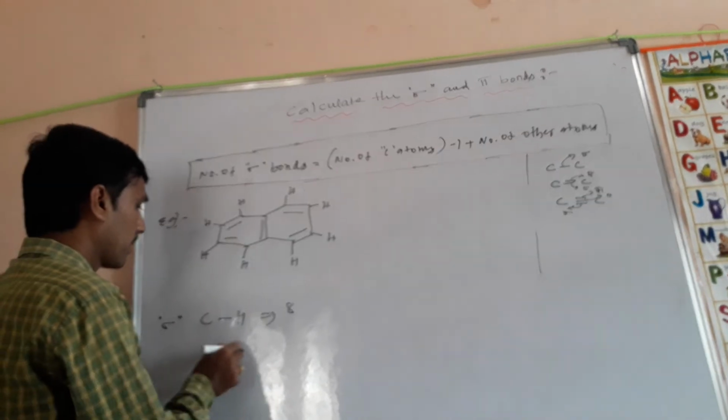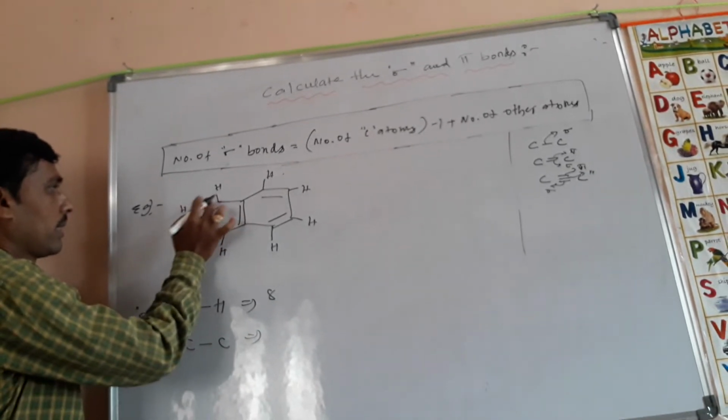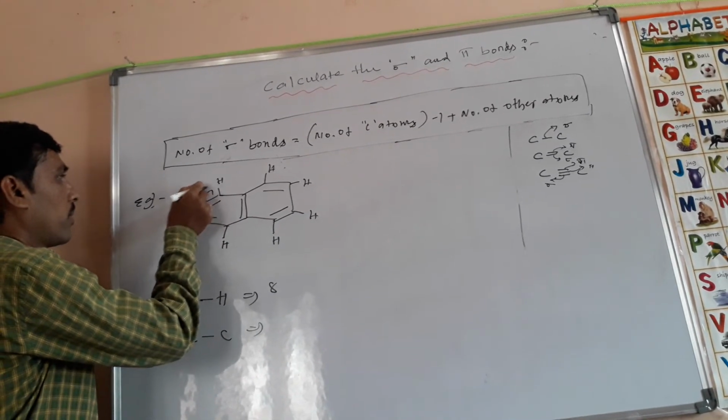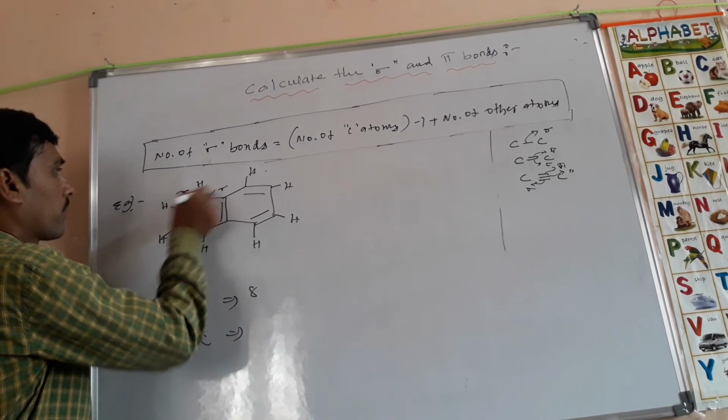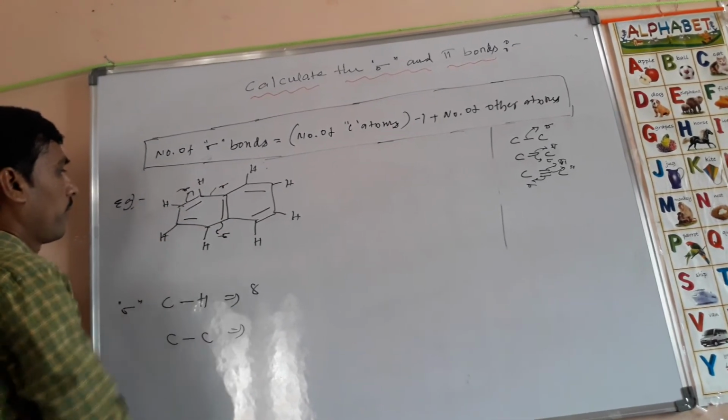Next, how many C-C sigma bonds are there? This carbon has one sigma bond, this also has one sigma bond, and this also, and this also.